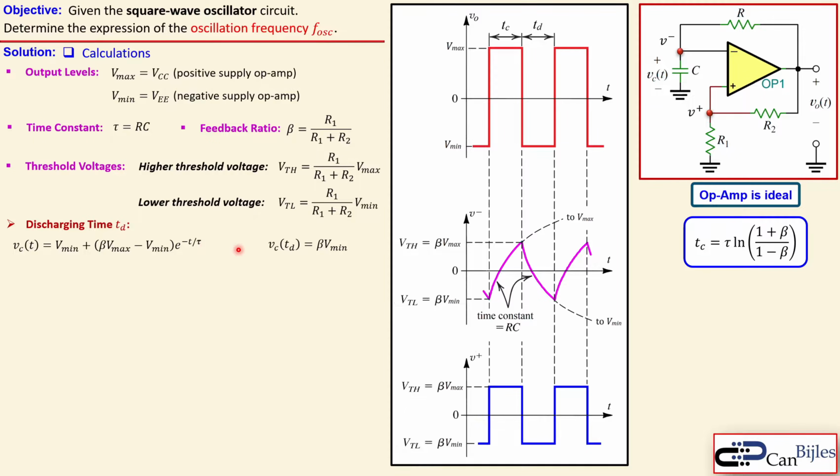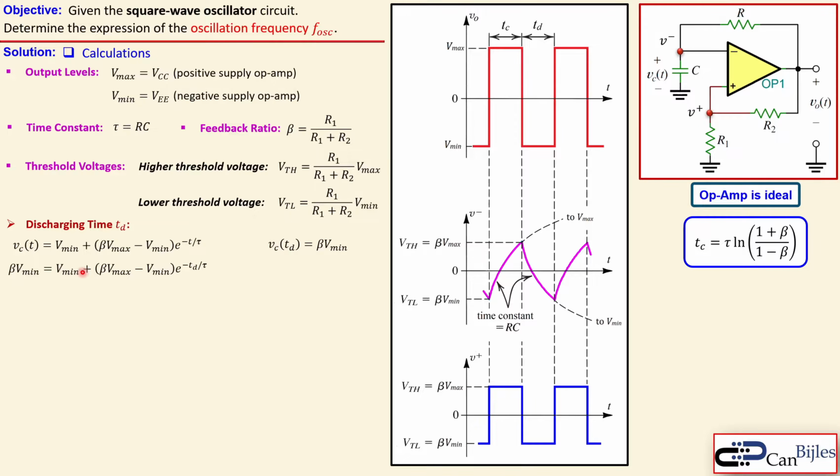Now we know again our voltage of the capacitor will be at the value here at TD, so at TD seconds later it will approach beta times V minimum. And that is the situation we can use in order to get the discharge time, which is the TD. So we substitute here the beta times V minimum, also from the graph you see that.